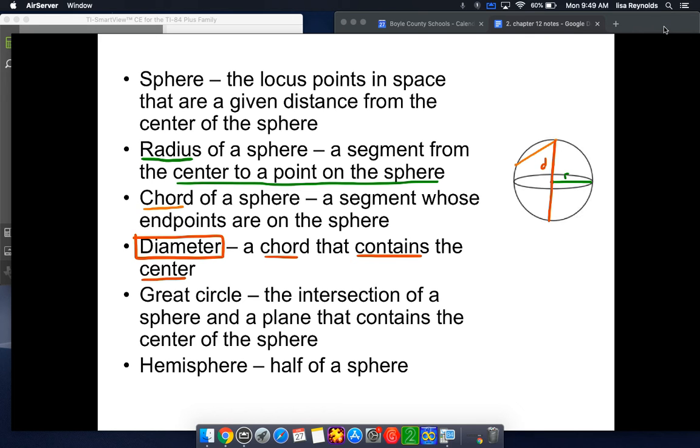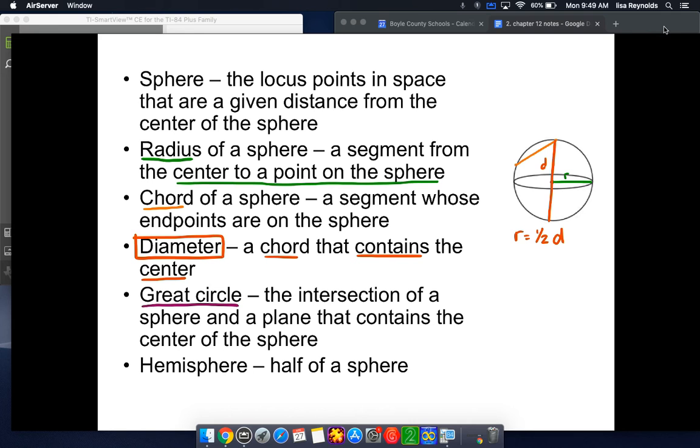Just like in circles, our radius is equal to half the diameter.